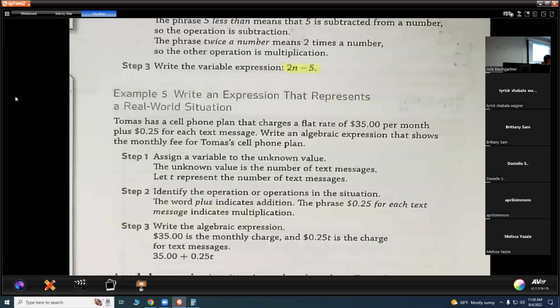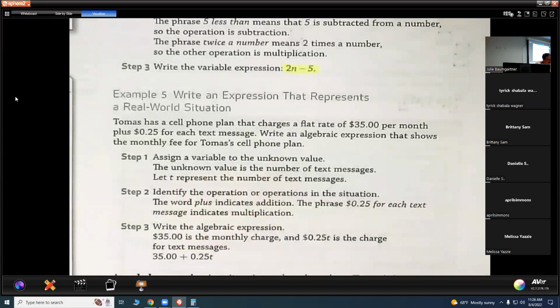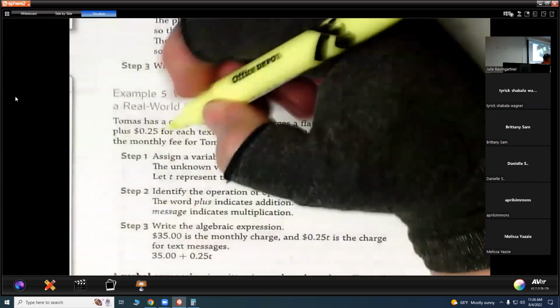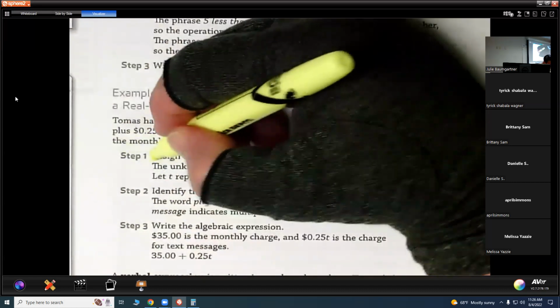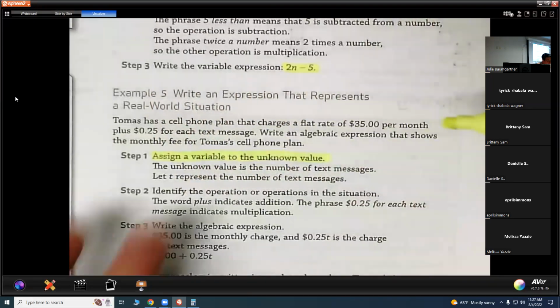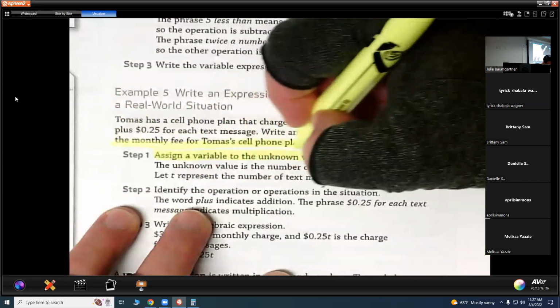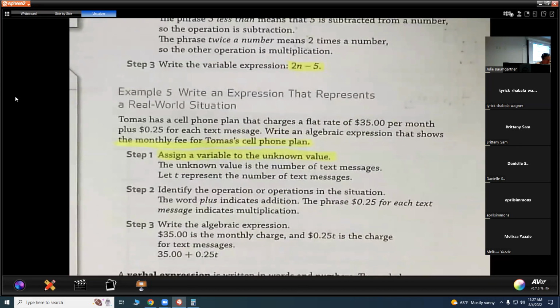Okay, so first, we're going to assign a variable to the unknown value. And here, this is our unknown.